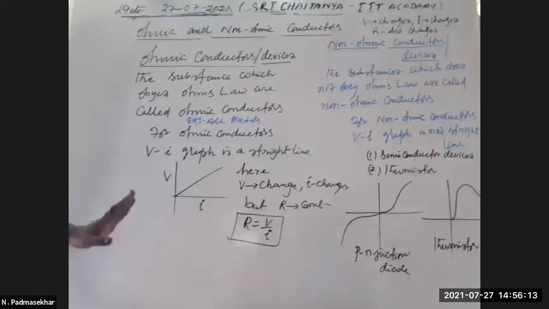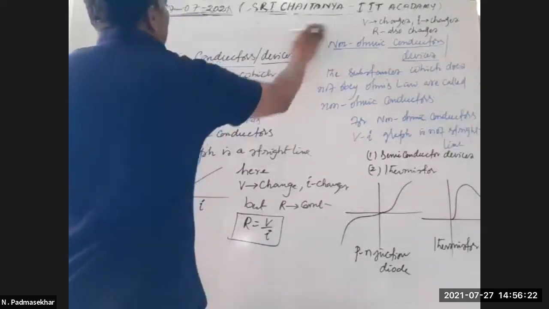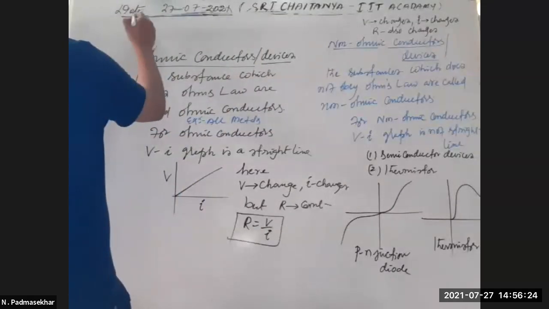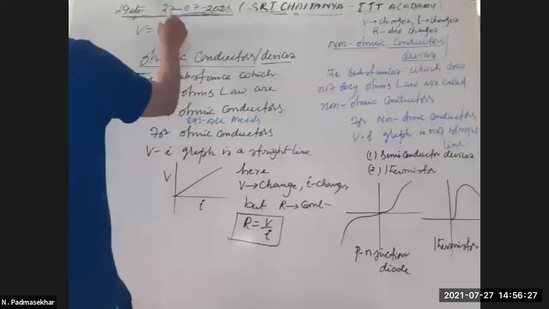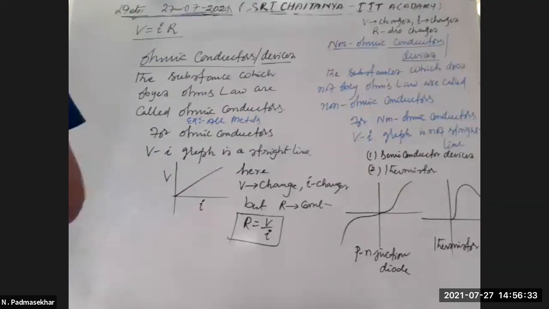Okay, so Rajendra, the formula V is equal to IR is applicable for finding the resistance for both ohmic and non-ohmic devices.